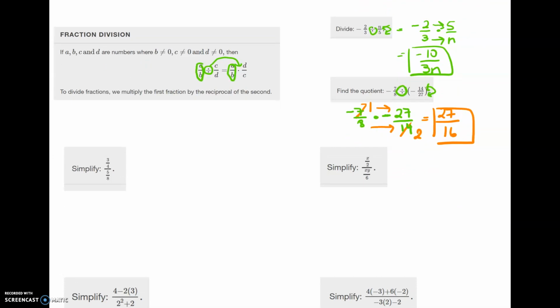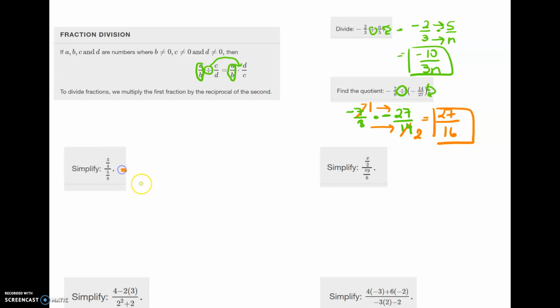Okay, now I will go ahead and show you the next two examples, and they are written in a slightly different way. Keep in mind that this fraction bar is really saying divide the top fraction by the bottom fraction. Okay, so that's what we are going to do.